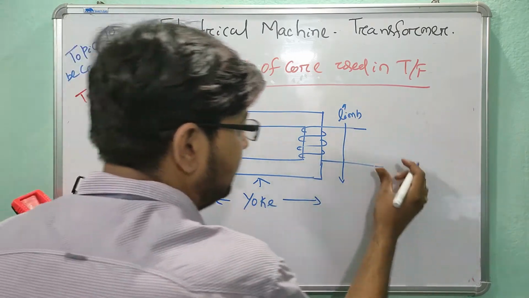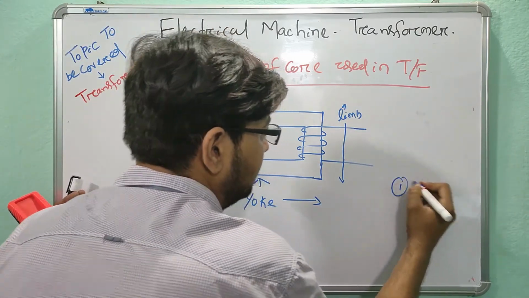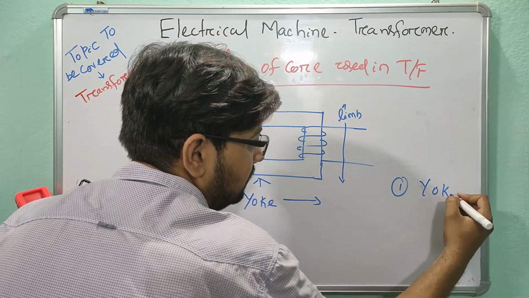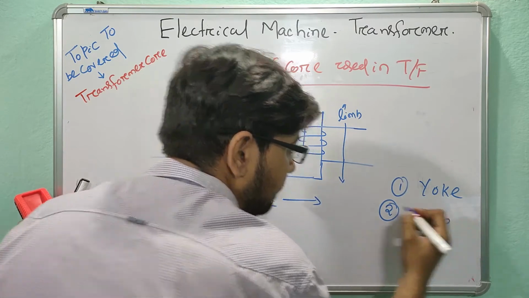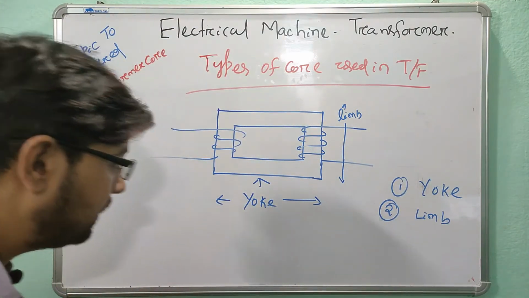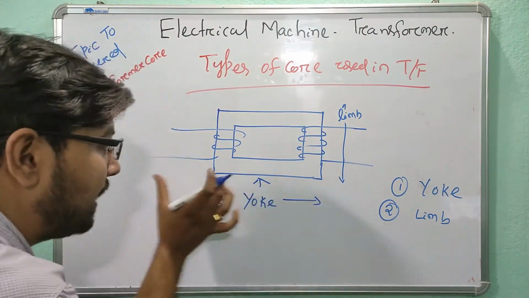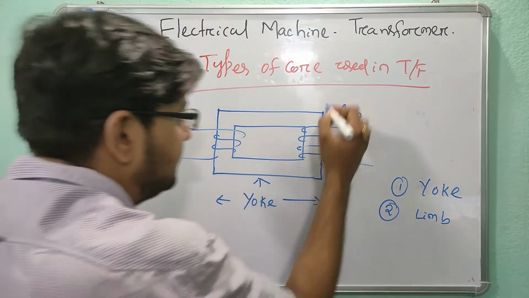So the core has two parts, one is yoke and number two is limb. Okay, now what is yoke? Yoke is the horizontal part of the core, and what is limb?